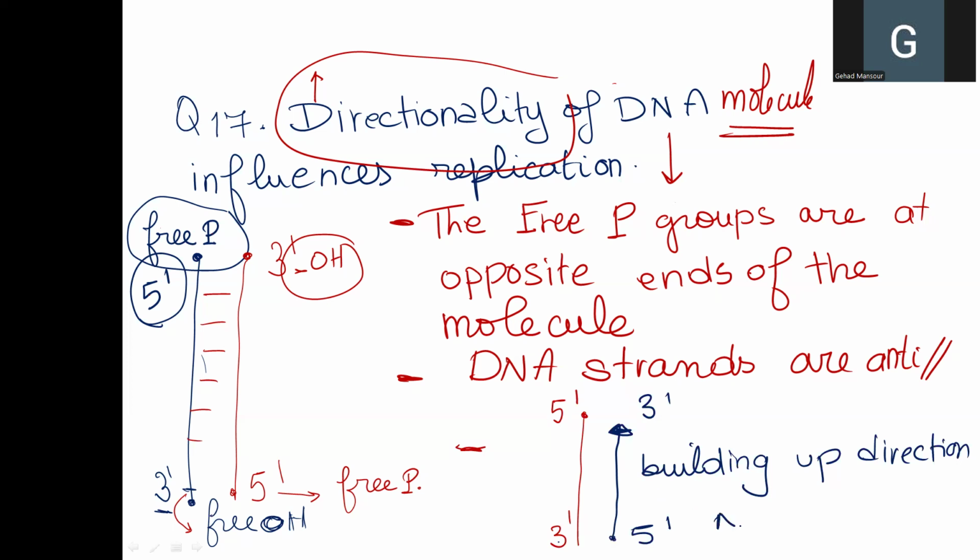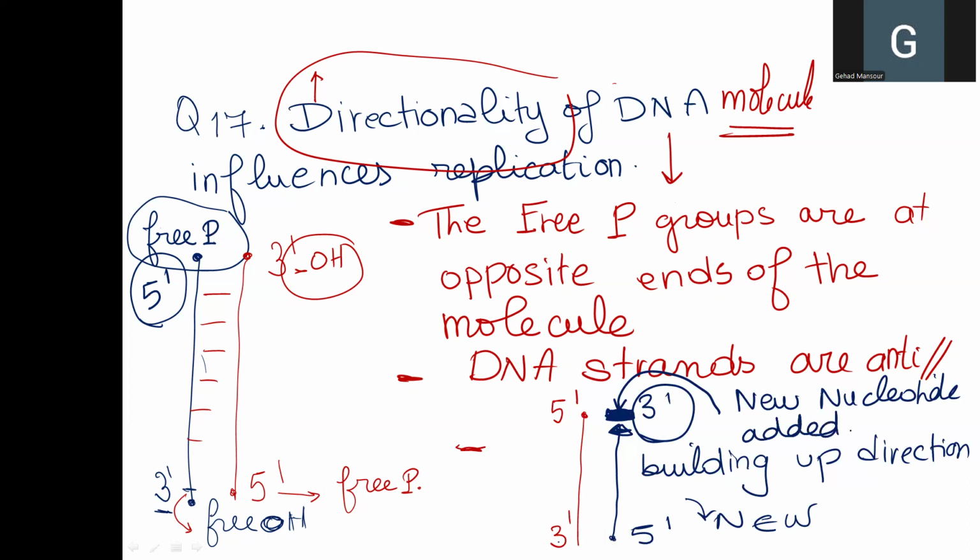So the blue strand of DNA is the new strand that is being built. And therefore, there is a famous statement that we always say, that any new nucleotide that is added to increase the length of the strand will be added at the 3 prime end and not at the 5 prime end. So this is very important, that any new nucleotide is added at the 3 prime end.